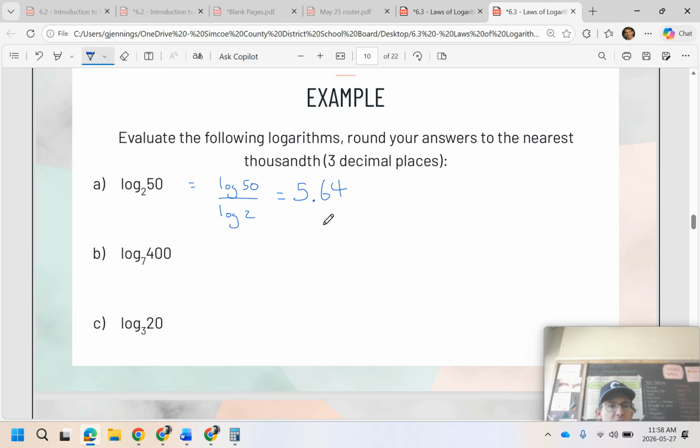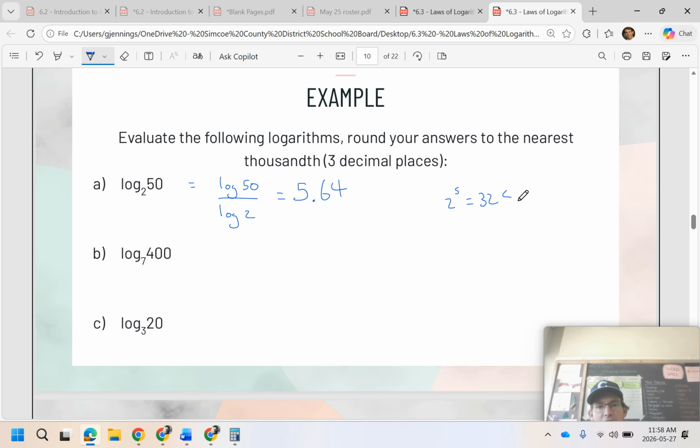Okay? And now I do a quick sanity check. I'm going to sanity check my answer. Sanity checking my answer is going to help me get marks on the test because I'm catching errors, but I'm also building my understanding. And that's the more important thing. When I take 2 and raise it to the power 5, that gives me 32. Okay?